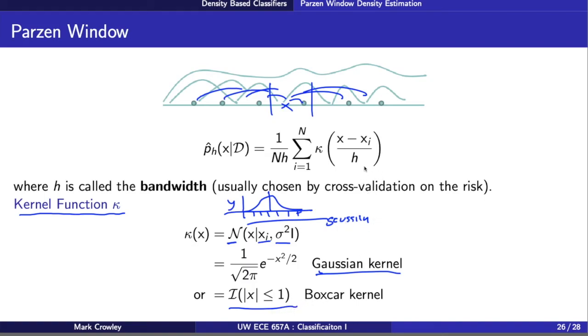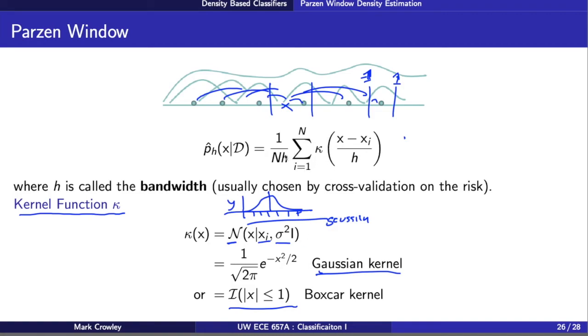Since we're computing the distance to points here, a boxcar would say: after we do these calculations and use this bandwidth h, if it's still less than 1 away, then we include the point. If not, we won't. So you'd get zeros and ones for that.